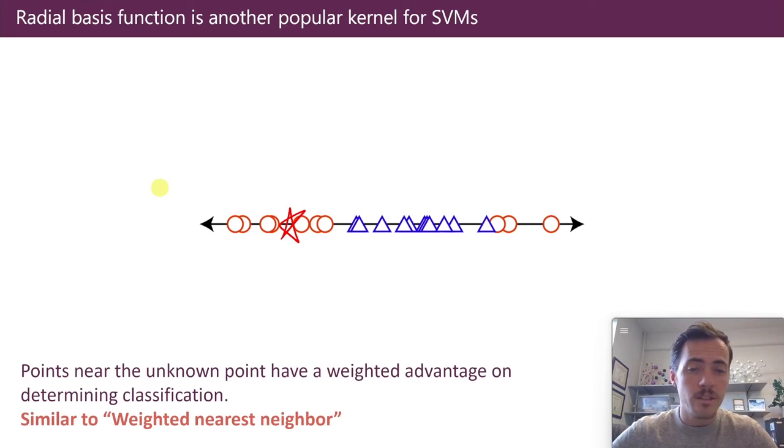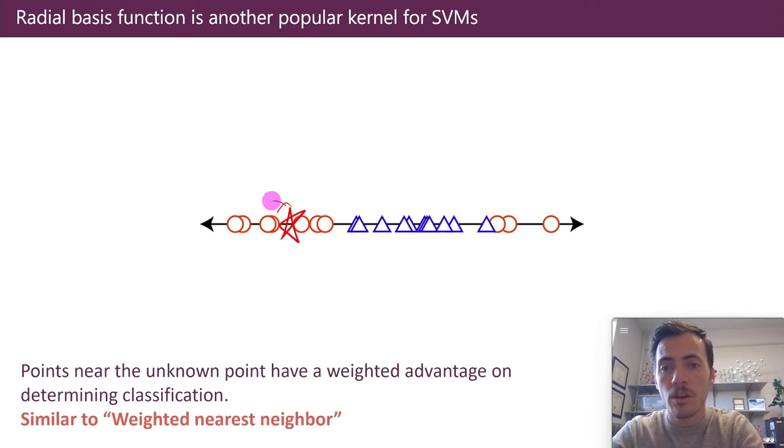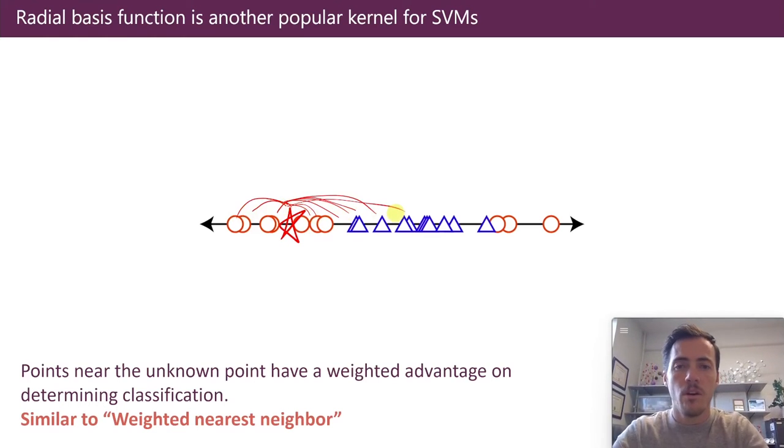The way that it does it is it takes into account its nearest neighbors with more weight than things that are further away. So you would calculate all of these interactions to every other point in this entire data set, but you pay attention to the ones that are closer to it more so than those that are further away, right? Hence why they call this the radial basis function.